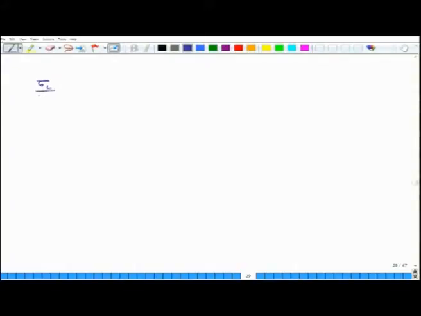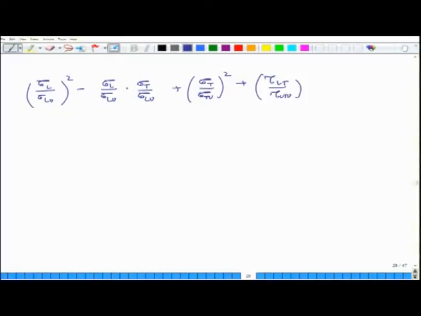It is sigma L divided by sigma Lu, prime, minus sigma L divided by sigma Lu times sigma T divided by sigma Lu, plus sigma T divided by sigma Tu, whole square, plus tau LT divided by tau LTu, and as long as this number is less than 1, the material is not going to fail.